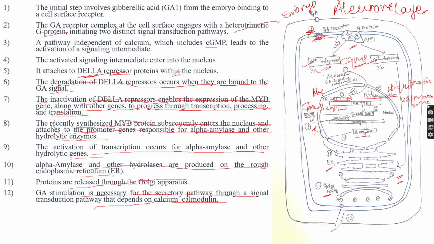Those hydrolytic enzymes including alpha amylase will degrade the complex food material into the simplest form, so that the embryo can easily use it for initiation of the plumule and radicle in the seedling. So this is all about the signaling of GA in seed germination.